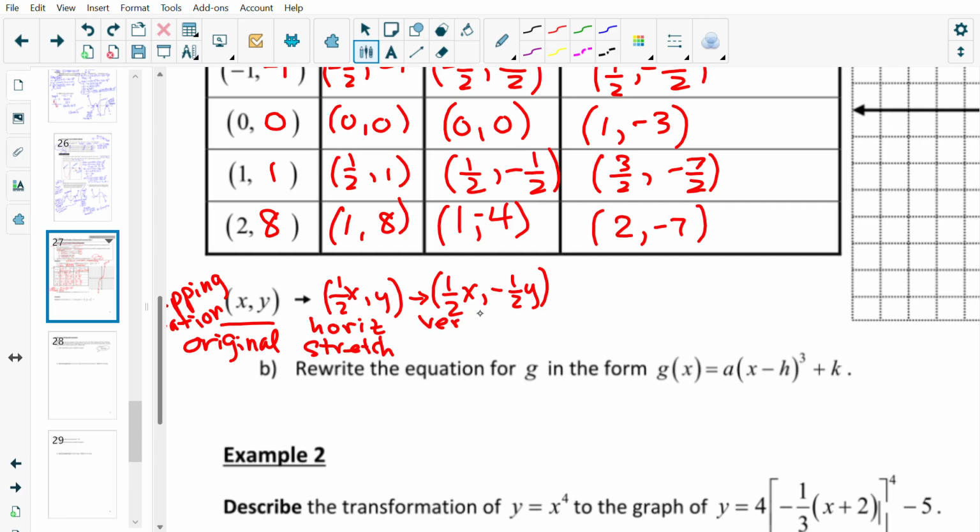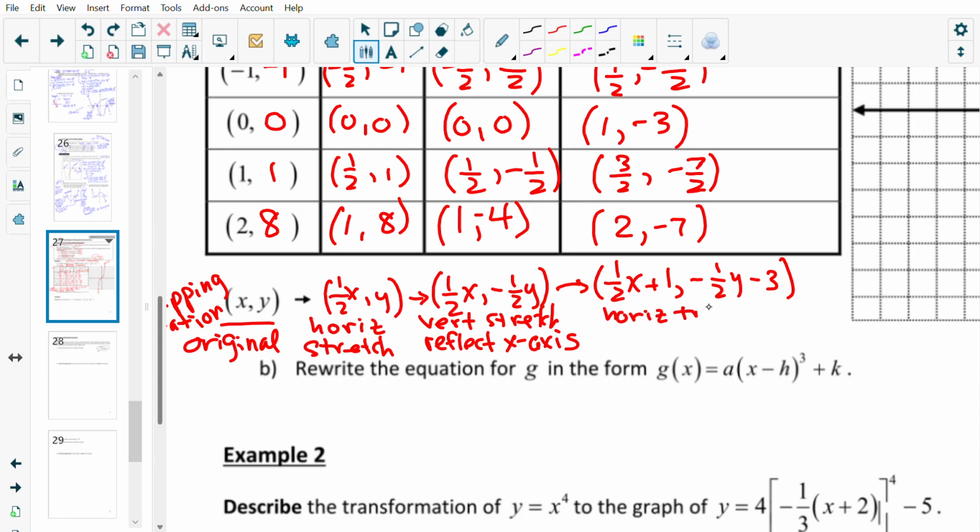This is two things: vertical stretch and reflect in the x-axis. And then this one finally is 1/2 x plus 1, h equals 1, and negative 1/2 y minus 3, k equals negative 3.